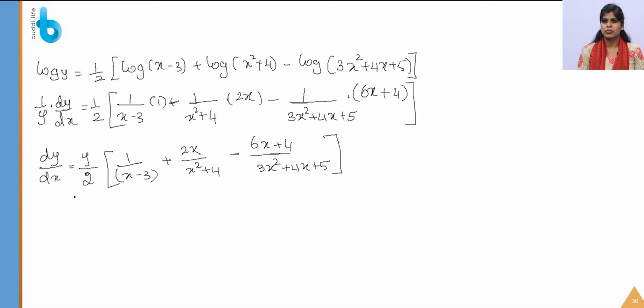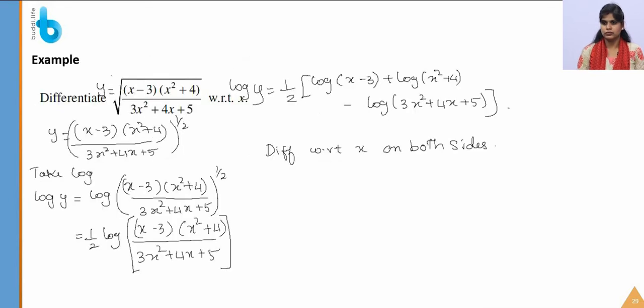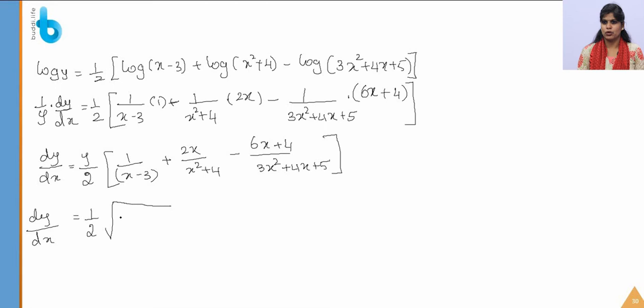In place of y, we will substitute the y value. So what is y? This term is y, the square root of (x minus 3)(x square plus 4) divided by (3x square plus 4x plus 5). So we have substituted y, and then what is remaining we will substitute.